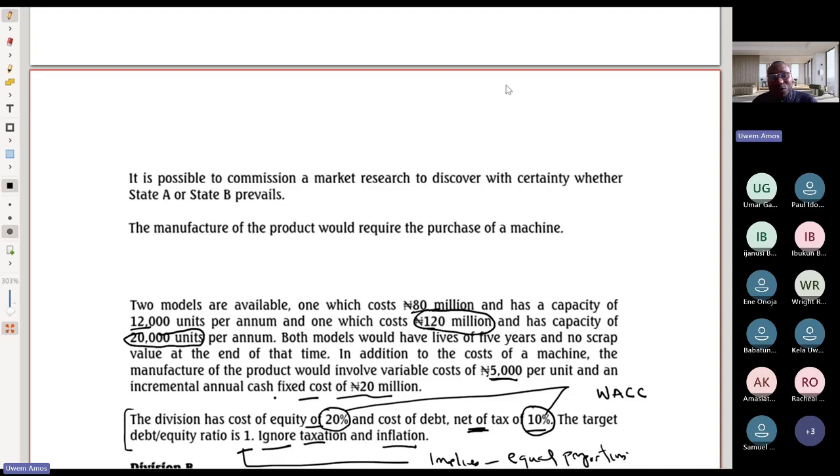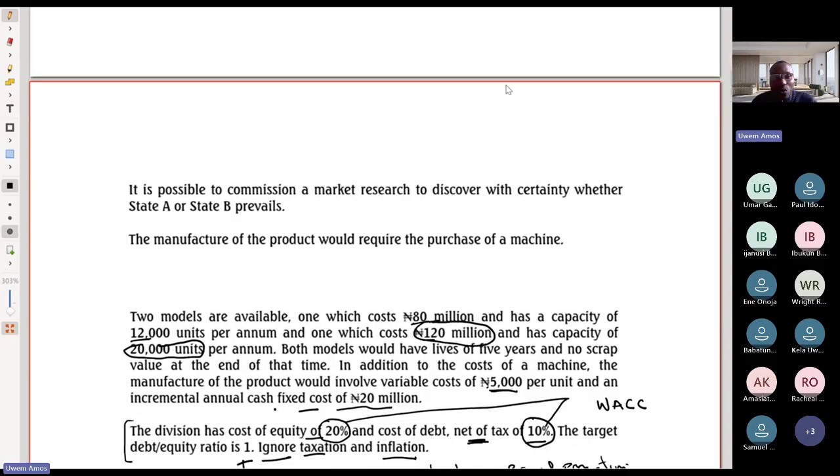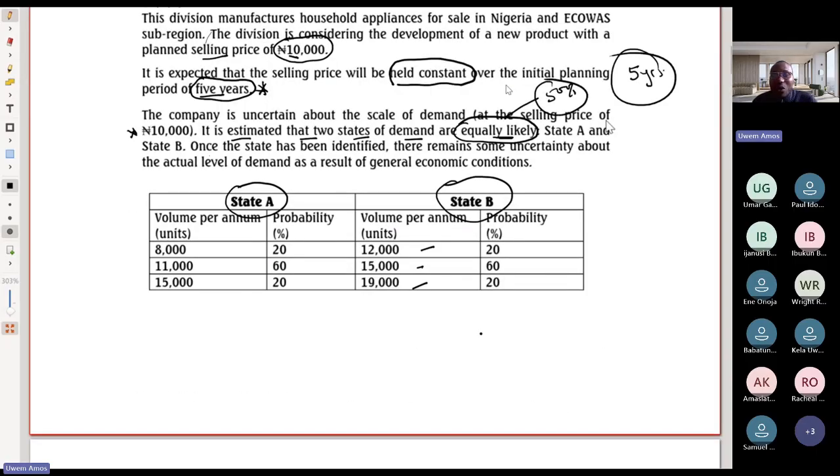Whether they should purchase a smaller machine that costs 80 million, or the bigger machine, which costs 120 million and has 20,000 units capacity per annum. And we did have in the question what the expected demand would be from the use of those machines.